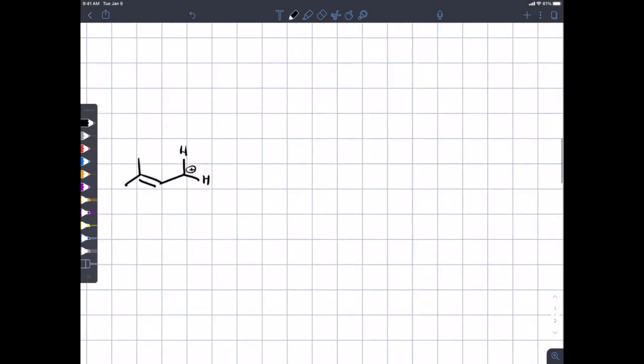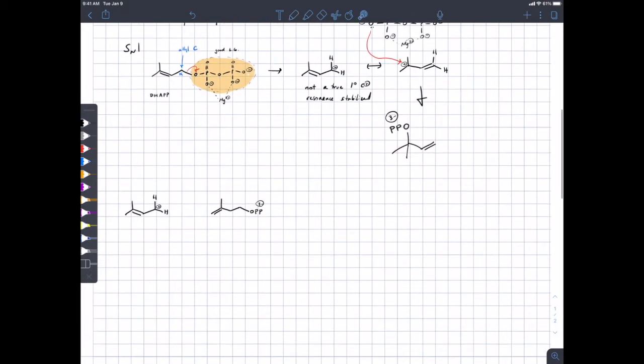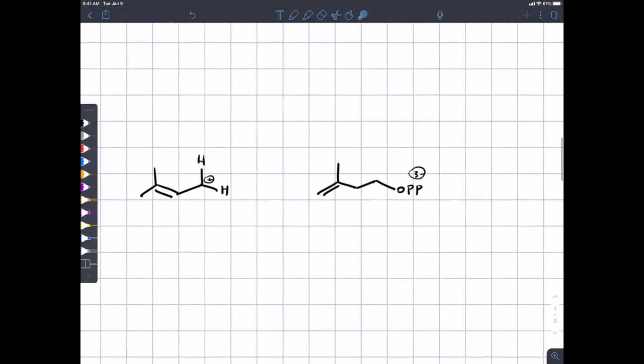But there are a lot of interesting nucleophiles in biology that are decent at reacting with this carbocation. The abbreviation here again is for the full pyrophosphate group. I'm just saving us all some writing. It turns out that we can use the pi bond of this other molecule as a nucleophile.